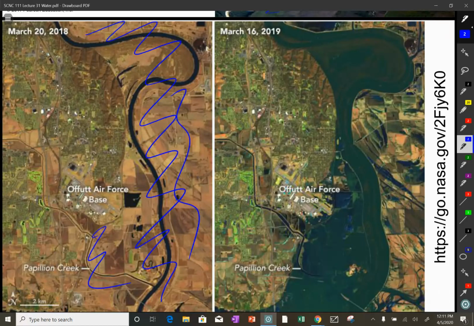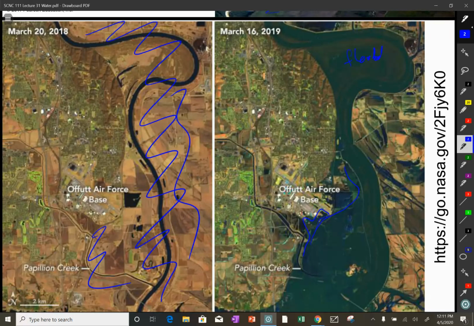But that was in 2018. Last year in 2019, you see that floodplain was pretty much flooded. And so Offutt Air Force Base was flooded. Part of its runways were underwater. And you had up here completely flooded.